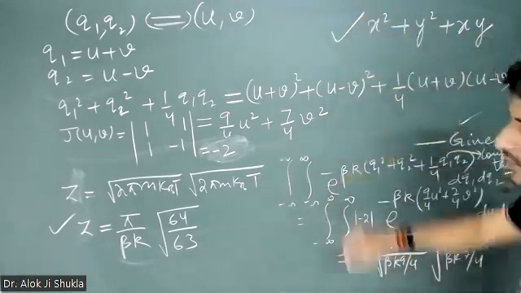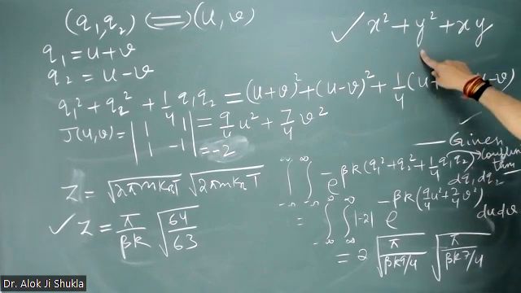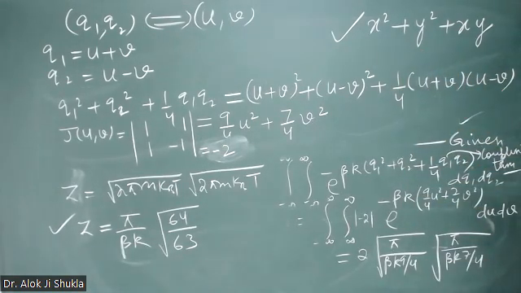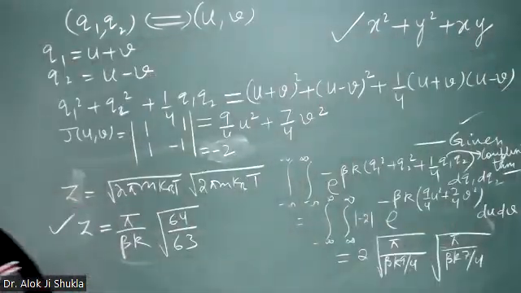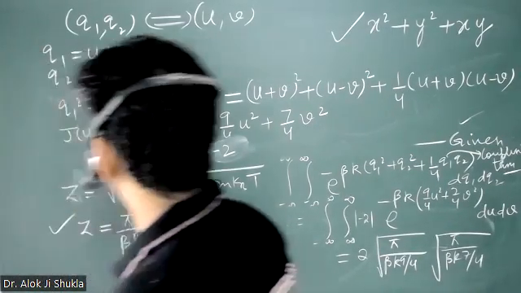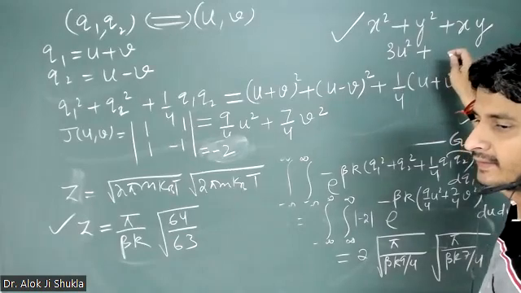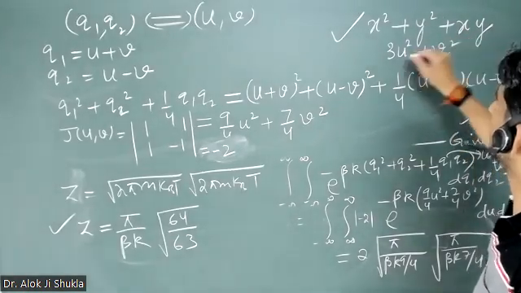You can try this also for Jacobian transformation. Put in x is equal to u plus v and y is equal to u minus v. See, does a coupled term disappear or not? Quickly. It is 3u square plus v square. Very good. So see, this JEST question is also solved.